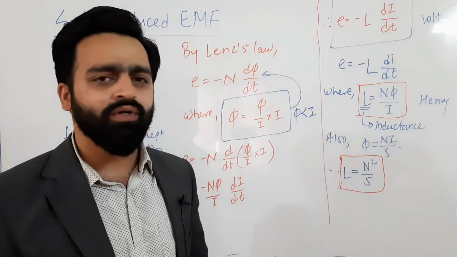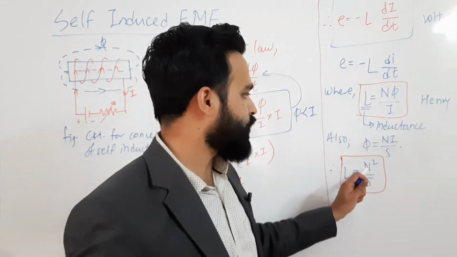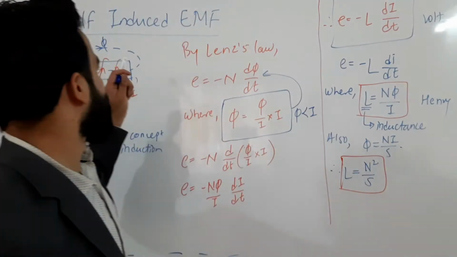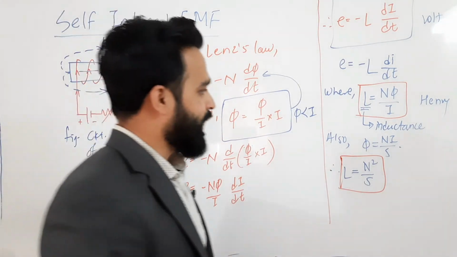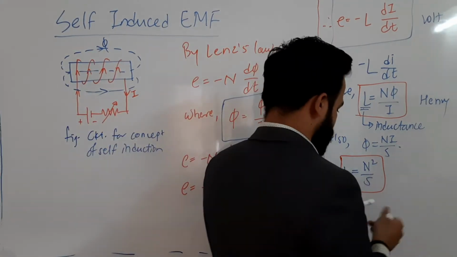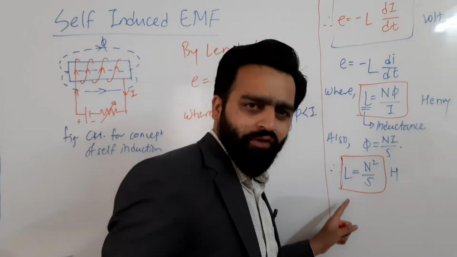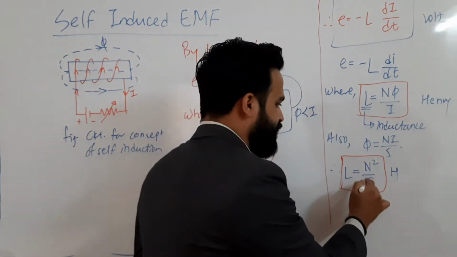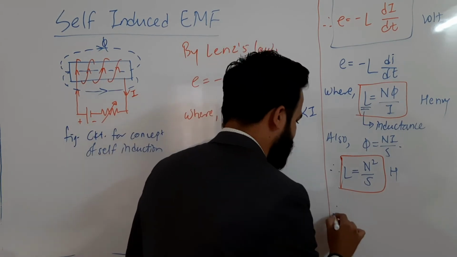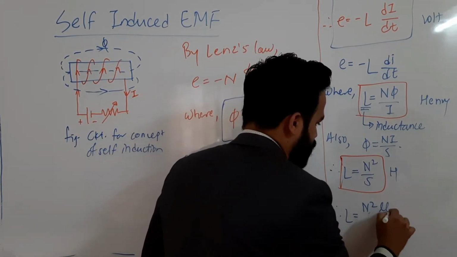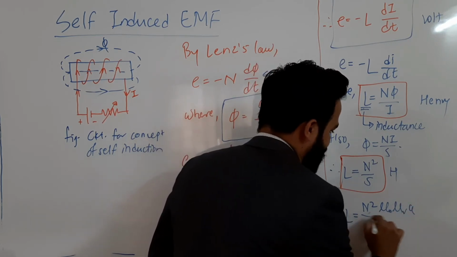So this is another possible equation of L. L is equal to n square by S, where n is the number of turns of the coil and S is the reluctance of this magnetic circuit. The unit is of course Henry. Also you can obtain one more equation of L by substituting the value of S. Therefore L is also equal to n square mu 0 mu r A divided by small l.